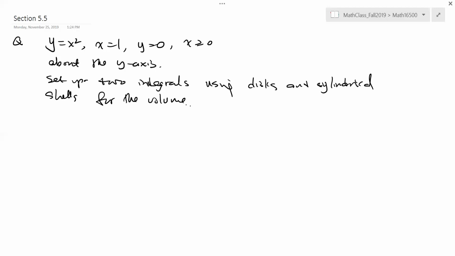You have to draw the 3D graph for each of the integrals, and then you don't evaluate the integral. Just I want to see two integrals.